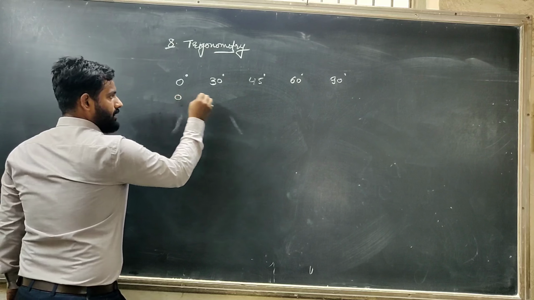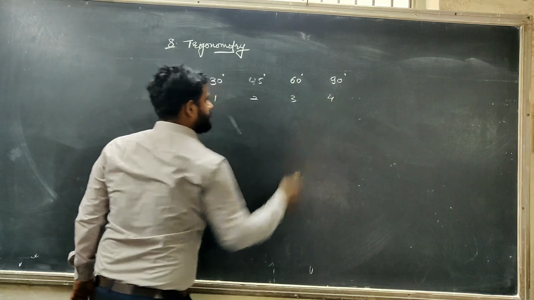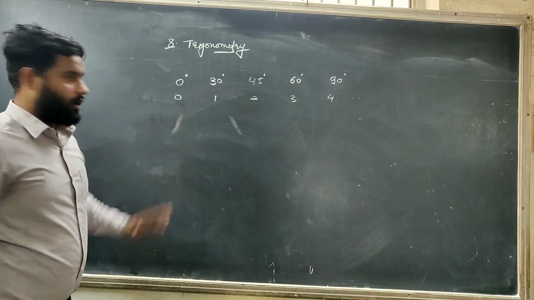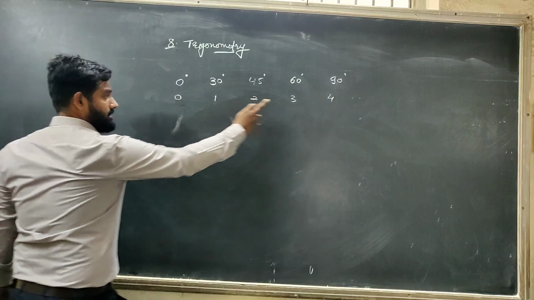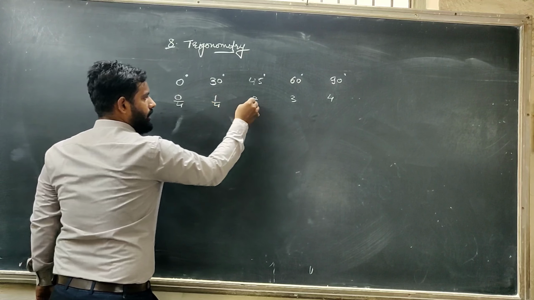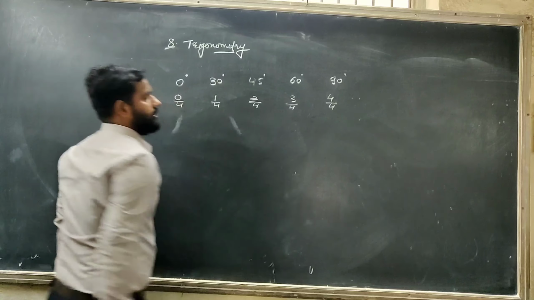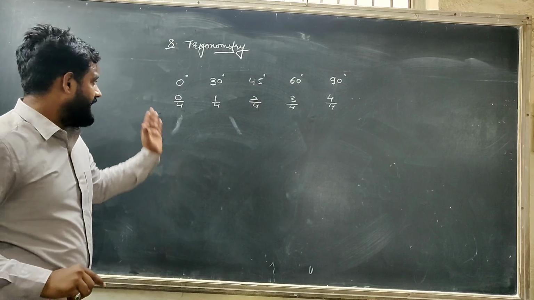This thing is starting from 0. So write down 0, then increase the number: 1, 2, 3 and 4. Divide all of this by 4, because the last digit is 4. So divide by 4 each time. Right? And one thing you have to remember, take the square root.